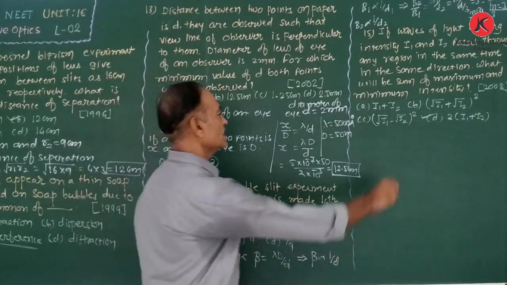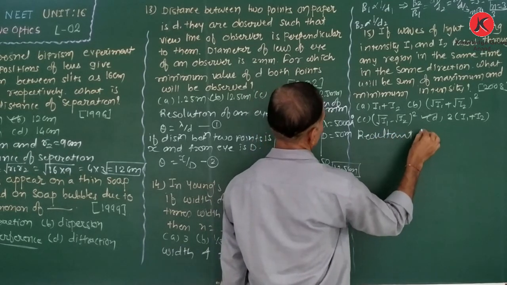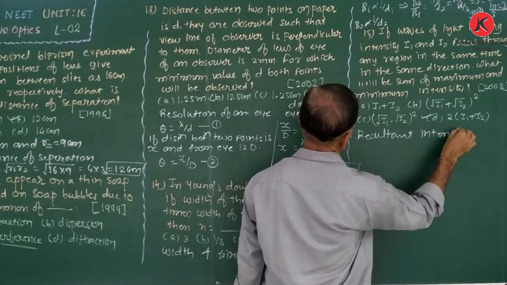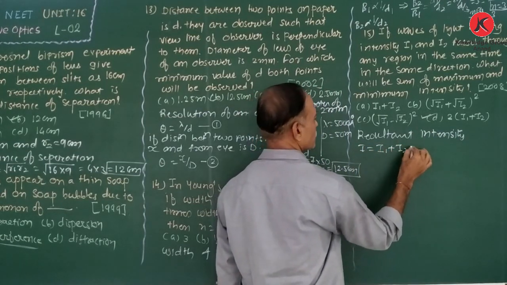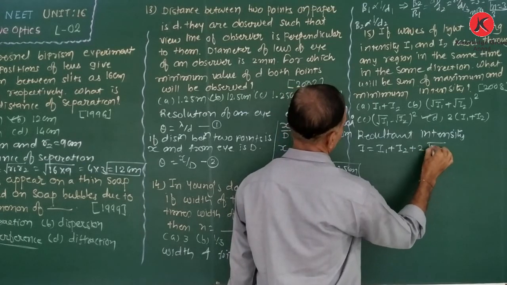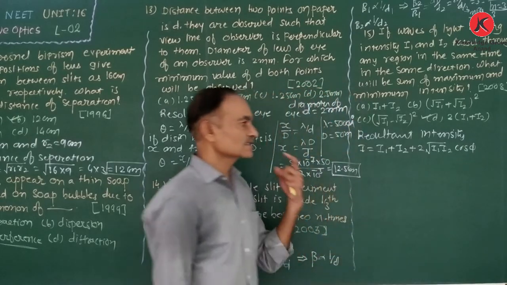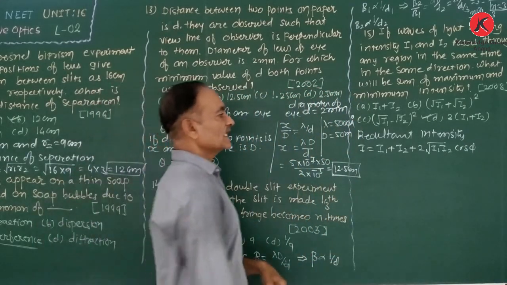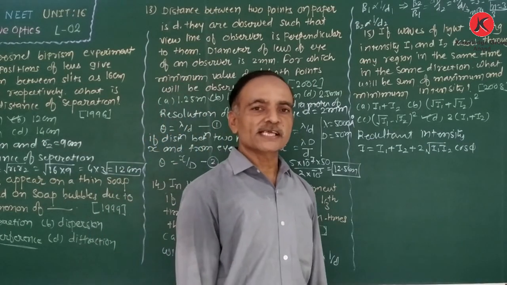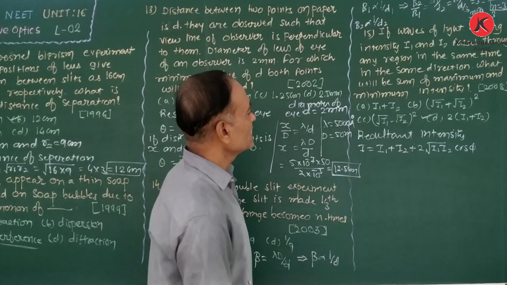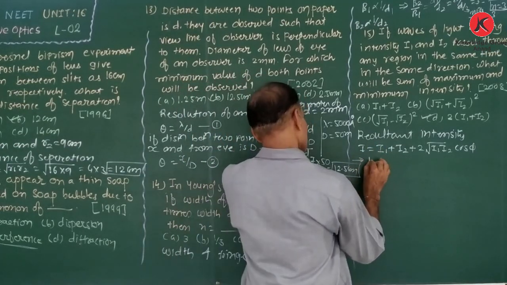Now we know that the resultant intensity I is equal to I1 plus I2 plus 2 under root of I1 I2 cos phi. That is our standard equation of resultant intensity due to superposition of two waves having intensities I1 and I2. Okay.